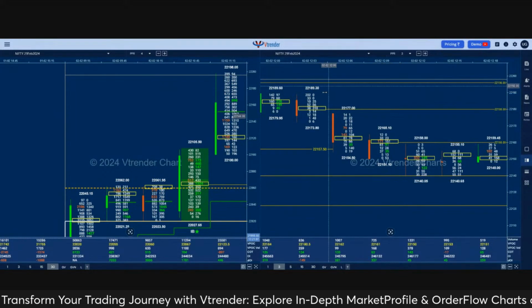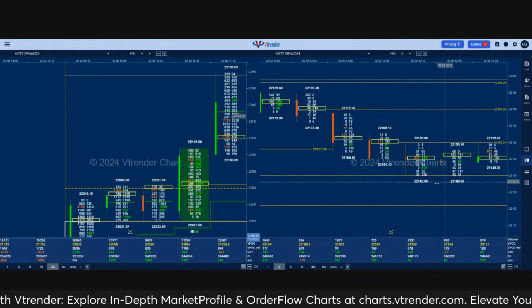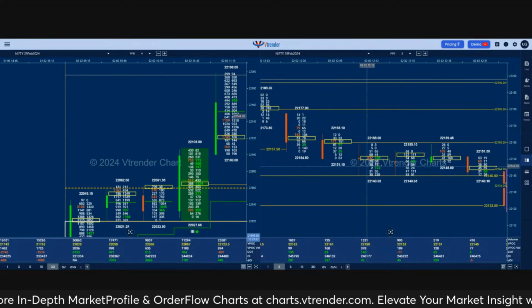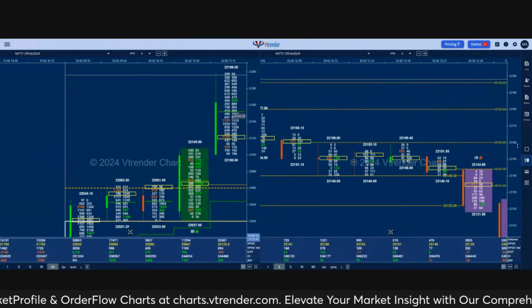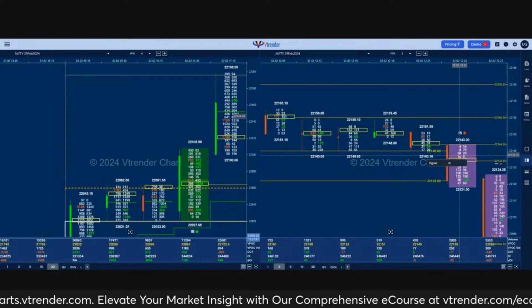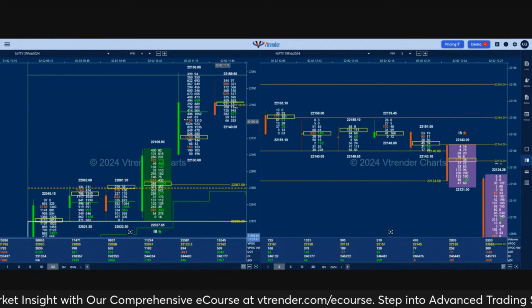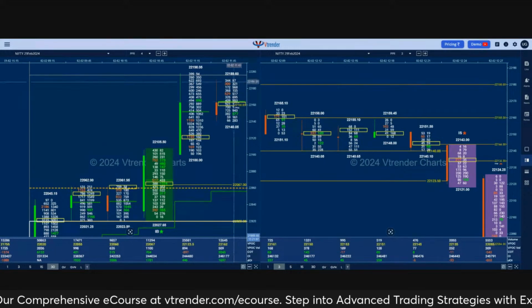Because we are not getting any fresh demand at the higher level, even the demand which was coming in here was looking to dry up. And this is what happened. We got this IS bar at 1224 in the G period. After the E period, the F period was a narrow range inside bar.